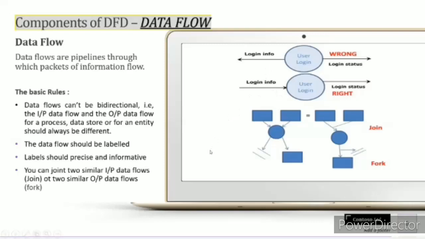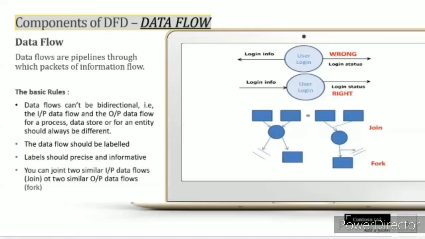The second point is that the data flow should be labeled. The third point is that the information of the data flow should be precisely labeled. The next rule is that you cannot join two similar input entities to similar output data flow. For example, if we draw two entity boxes, we cannot join them with a data flow, which is wrong.